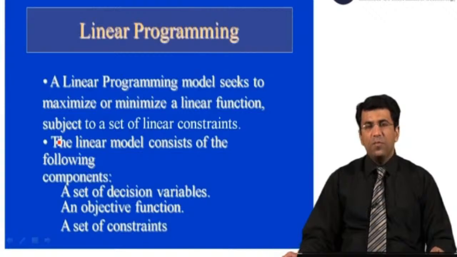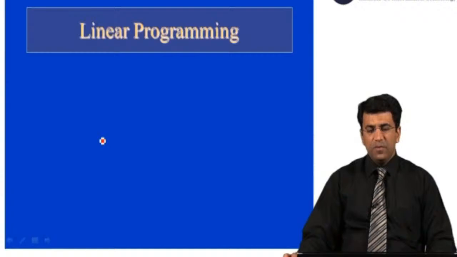The third important component of linear programming is a set of constraints, a set of limitations. As I just told you, every machinery, every human resource, every entity has certain limitations, so you have to identify those limitations in the form of equations or inequalities. So these are the very important components for any linear programming problem.